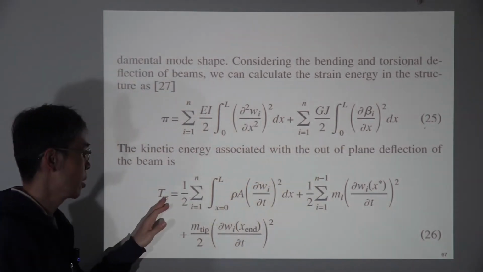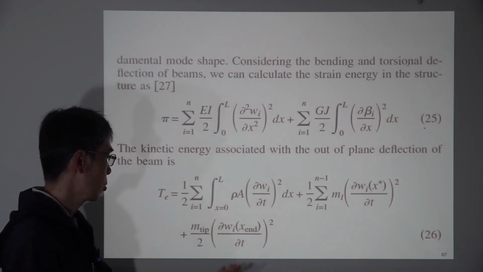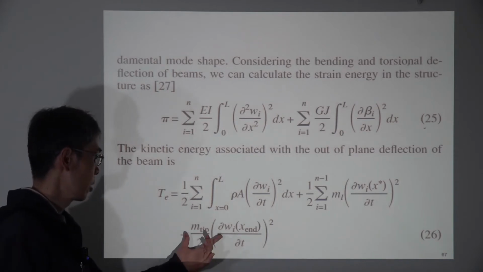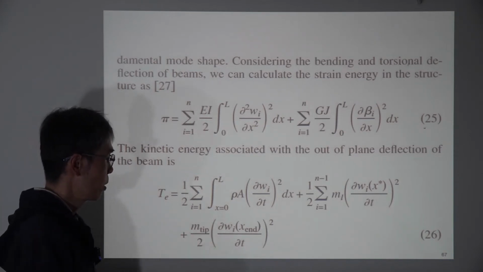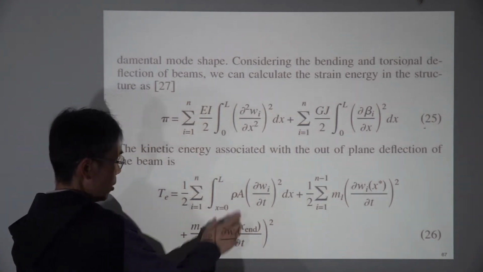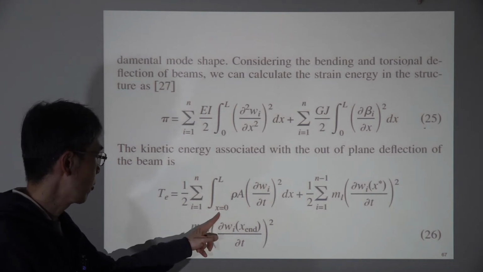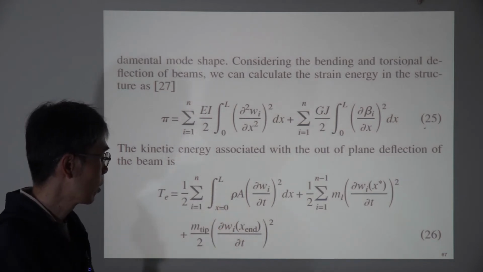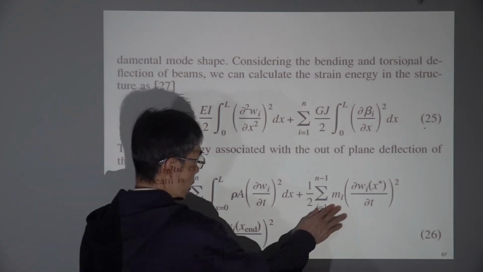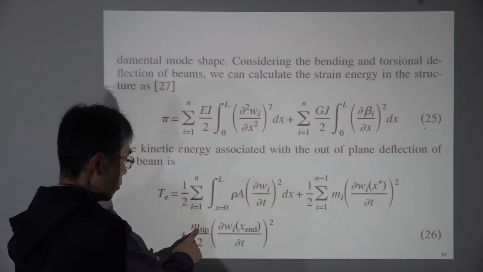Also, we formulate the kinetic energy of the tip and each segment in the length direction, from s equals 0 to L. For each segment, we have mass and velocity. For the tip mass, we have the velocity.